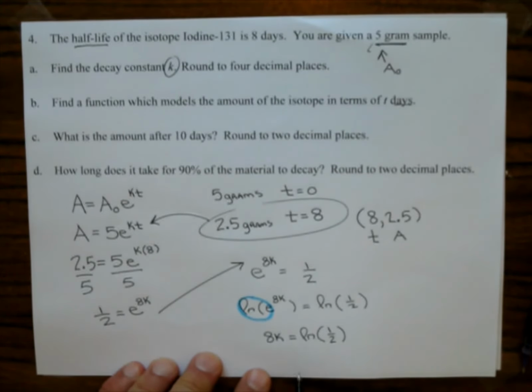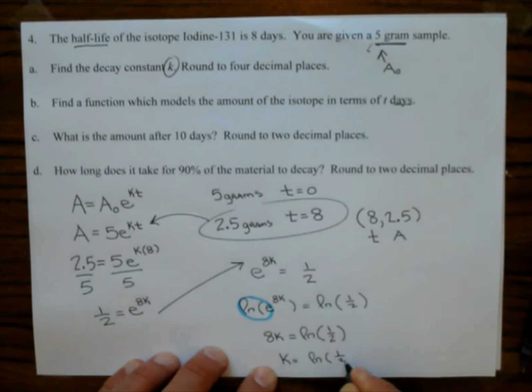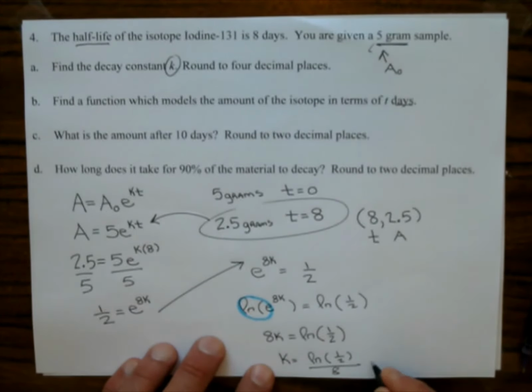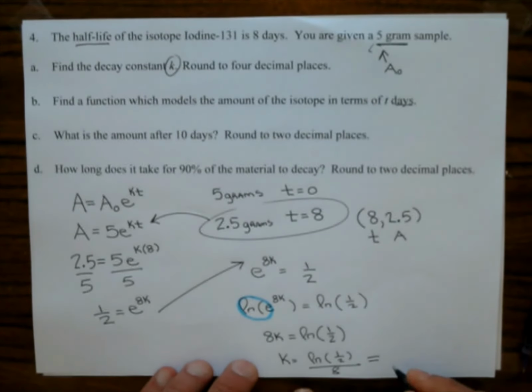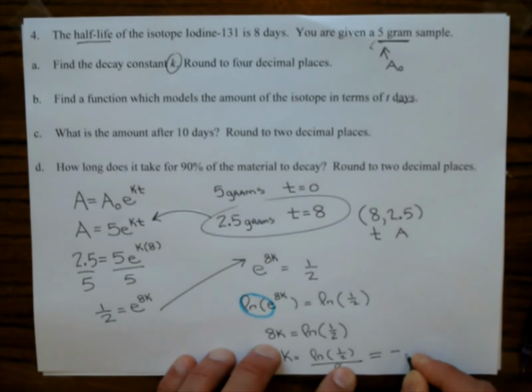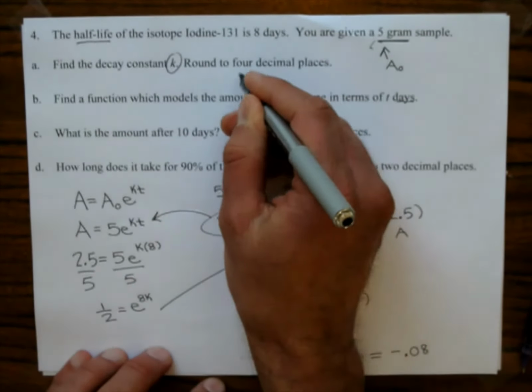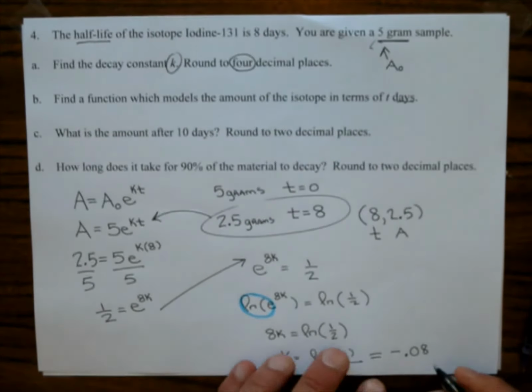I'm going to go ahead and divide by 8. K equals ln 1/2 divided by 8. So when I do that on my calculator, ln 1/2 divided by 8, I end up getting the rate of -0.08. They tell me to round to 4 decimal places.